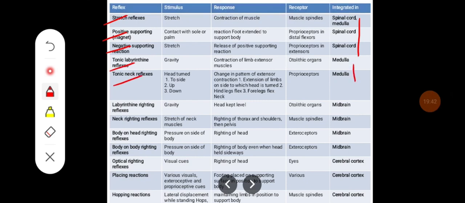Labyrinthine righting reflex, neck righting reflexes, body on head righting reflexes and body on body righting reflexes are integrated at the midbrain level. And optic righting reflexes, placing reaction and hopping reactions are integrated mainly at the cerebral cortex. So the decorticate animal will not have these postural reflexes.